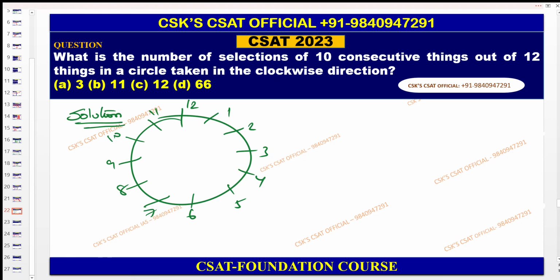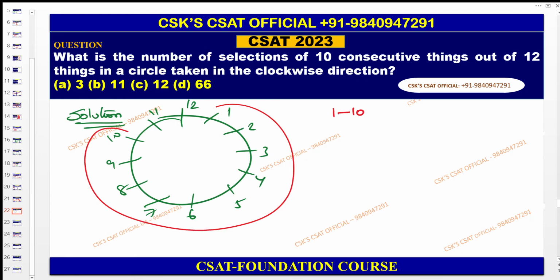We have to take 10 things. So we can take 1 to 10, right? Then 2 to 11, then 3 to 12. Like this, how many times can you make? We can make 12 times. Number of selections here is 12. The answer is 12.